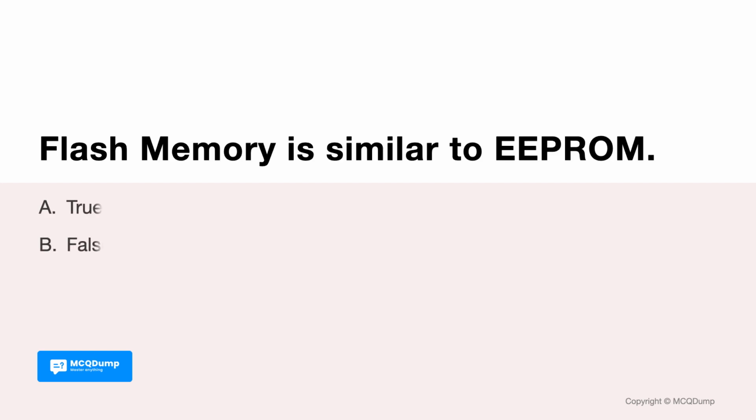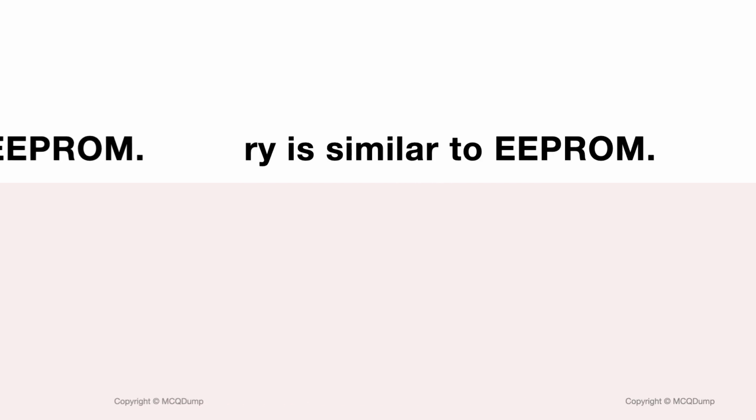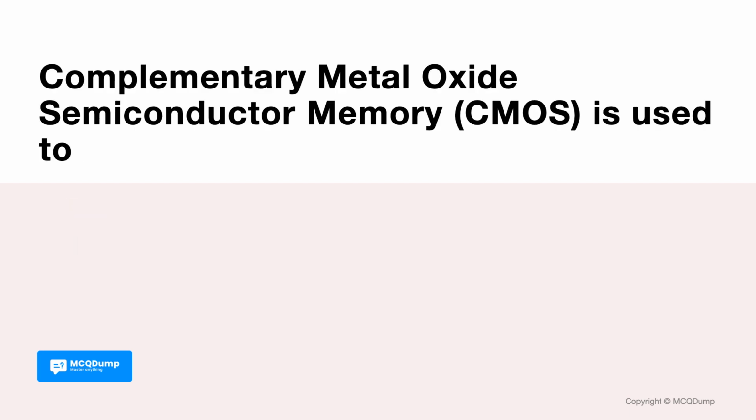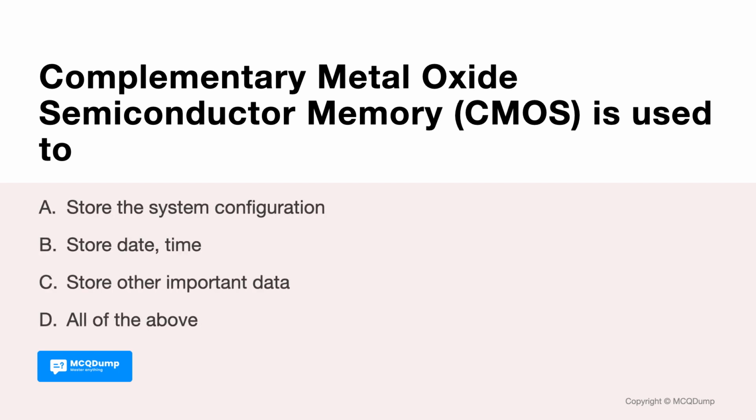Flash memory is similar to EEPROM. True or false? It is true. Flash memory is similar to EEPROM. Complementary metal oxide semiconductor memory, CMOS, is used to? Options are A. Store the system configuration.